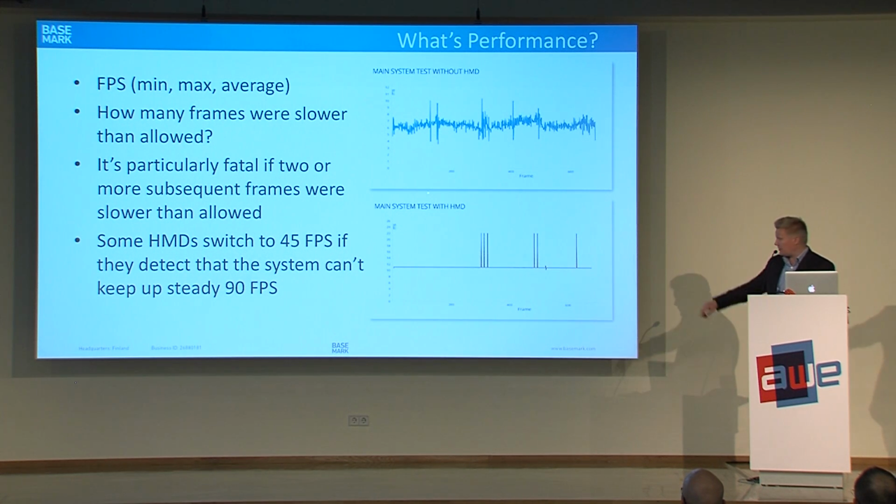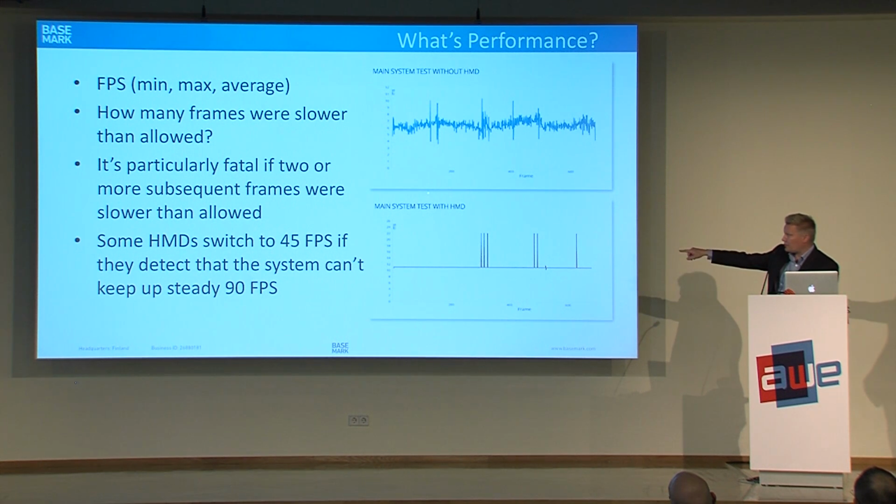You can see in the lower graph here real data from one of the devices. It's keeping up 11 milliseconds, which means 90 FPS, and then occasionally there's some slowdown, and it goes to 22 milliseconds, and that's the 45.